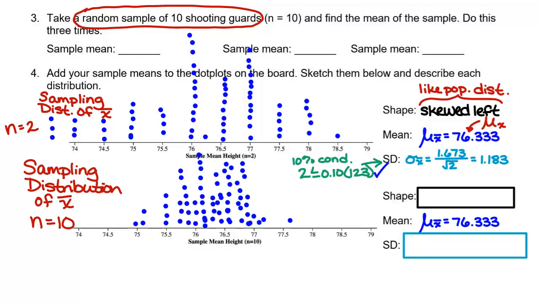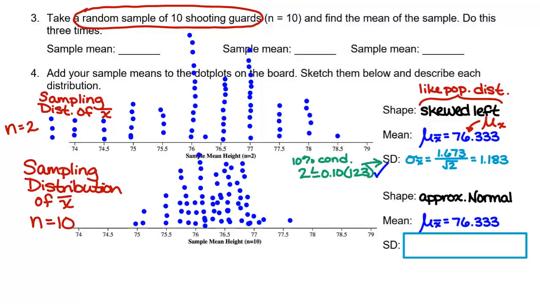Would you still describe this as skewed left? Sure. I see a little tail over here, but I see a matching little tail on the other side. Doesn't look skewed left to me, not like this one up here. This one looks much more skewed left than the one that we just made. How do you think we would describe that shape? I would describe it as approximately normal.